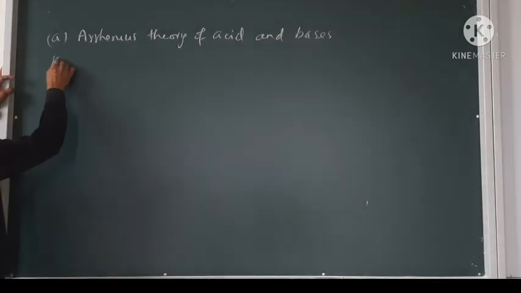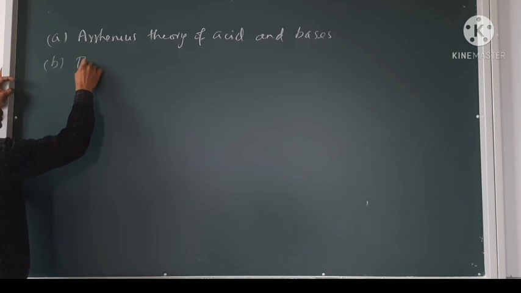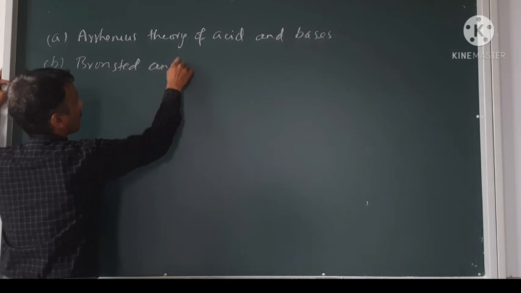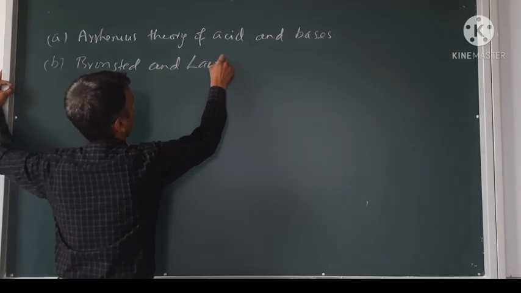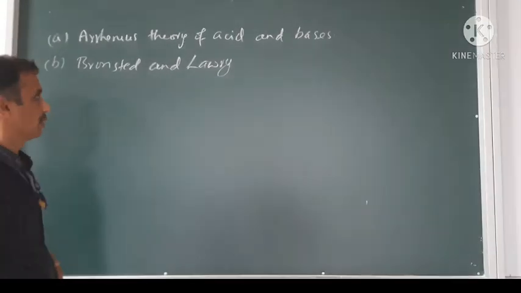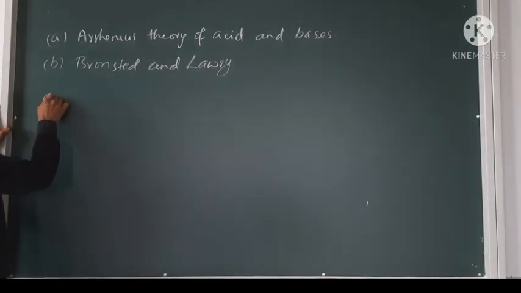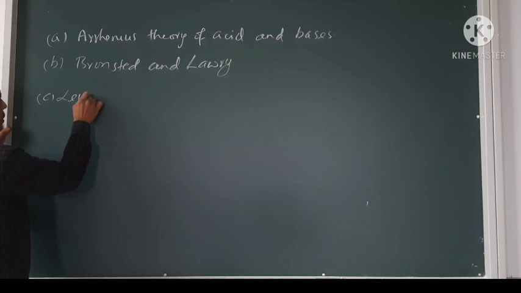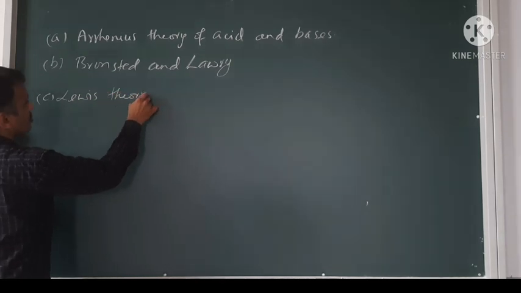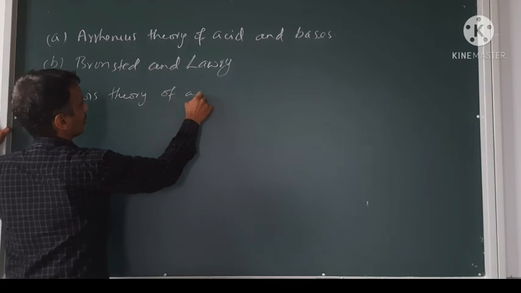Second one is the Bronsted and Lowry concept of acids and bases. Third one is Lewis theory of acids and bases.